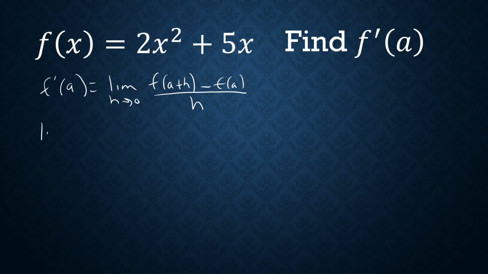So we're going to have the limit as h approaches 0. And now I'm going to plug in a plus h into the equation, 2x squared plus 5x. So that's going to be 2 times a plus h squared plus 5 times a plus h.